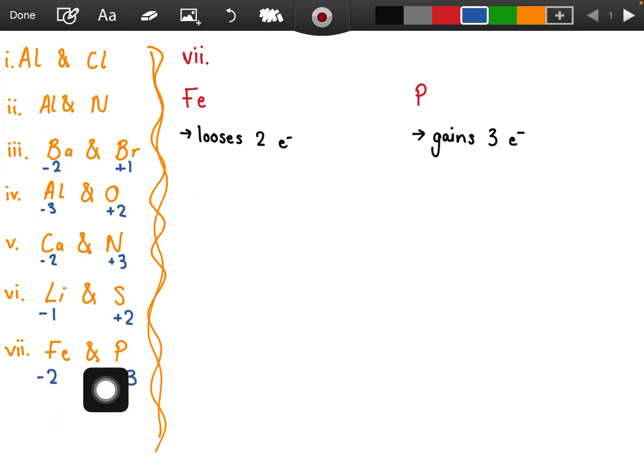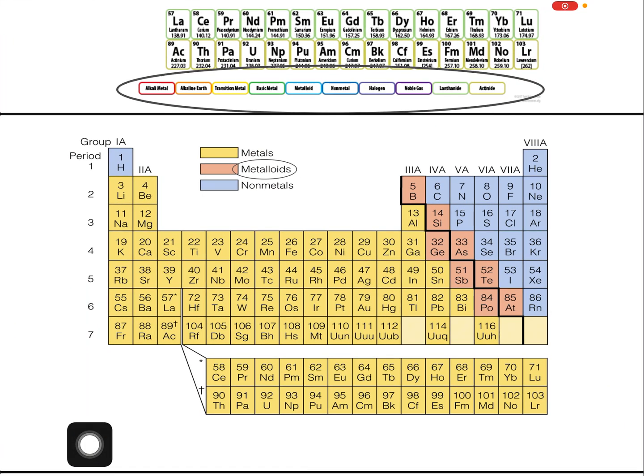Okay, so we can find these by looking at the periodic table. Usually in an exam, you'll just be given the elements up to 20 to use, so it will be one of the first 20.